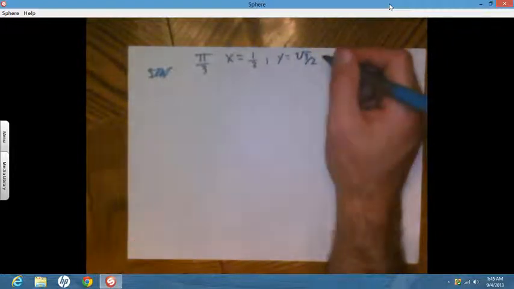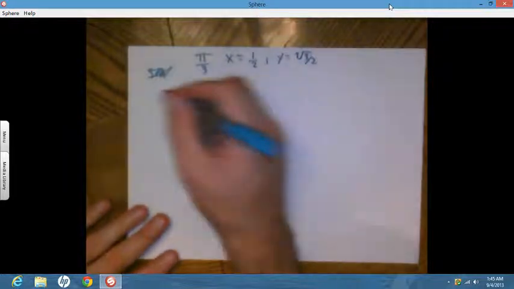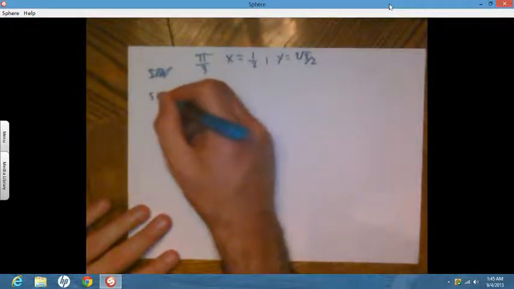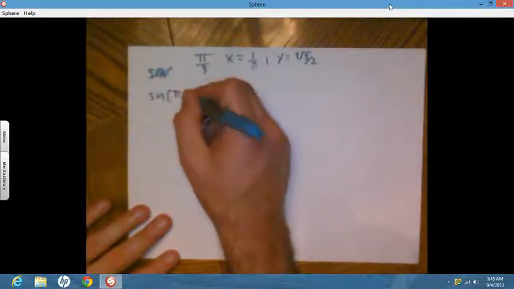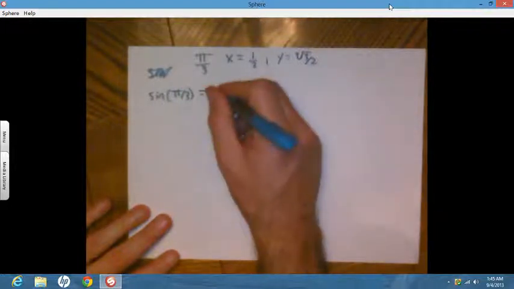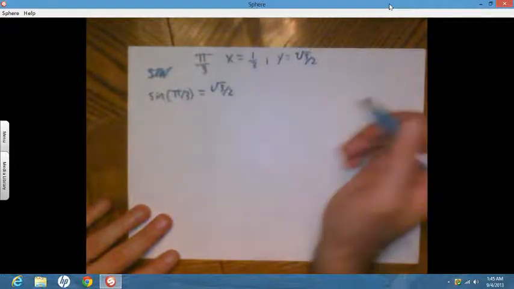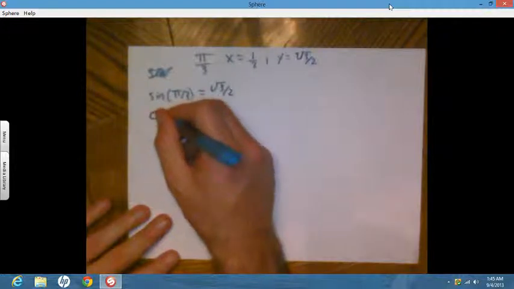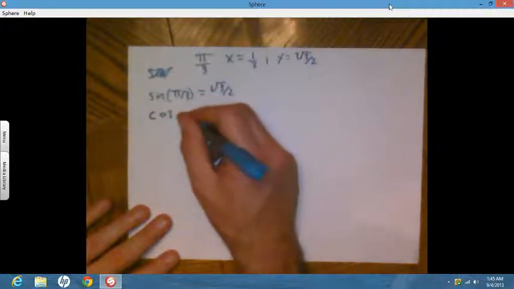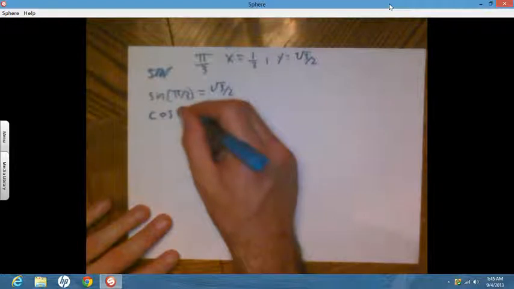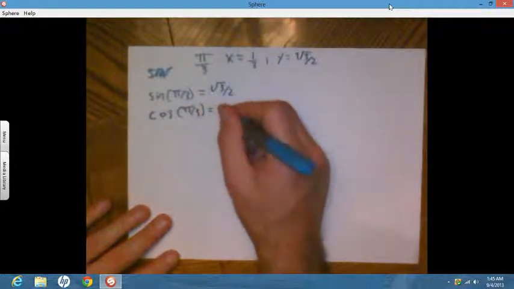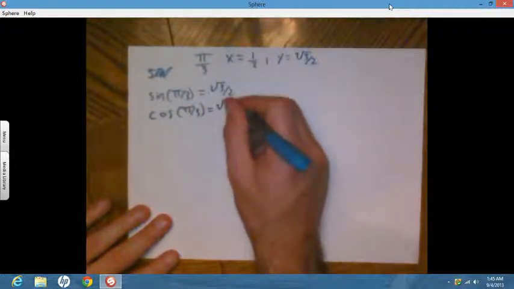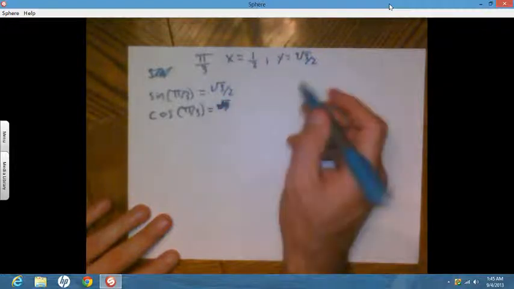Right? So the sine of pi over 3 is going to be equal to the square root of 3 divided by 2. The cosine of pi divided by 3 is going to be equal to my x-coordinate, which is 1/2.